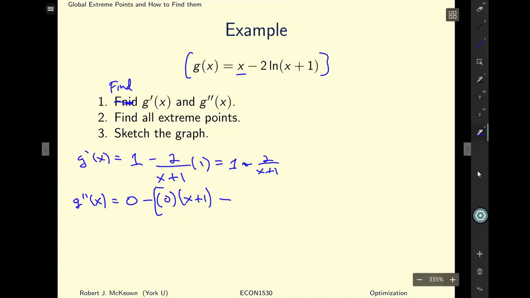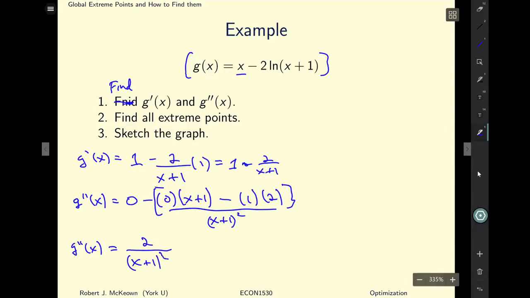And I've got a minus here. The derivative of the denominator is just 1 times 2. And I can close that bracket, but I also want to square the denominator here. That's kind of messy, so I'm going to rewrite it again. And we've got 2 over x plus 1 squared. Whoops, squared. There, that's nicer to look at that way.